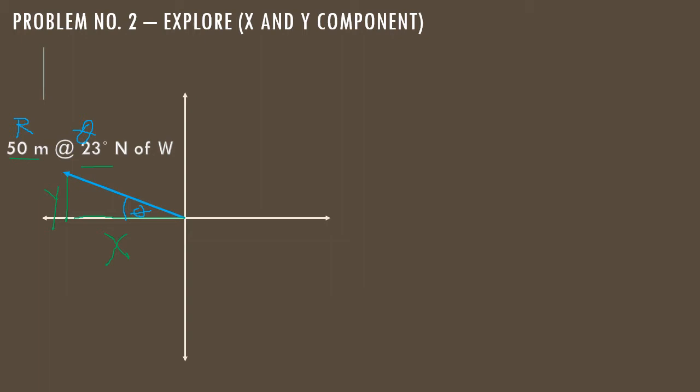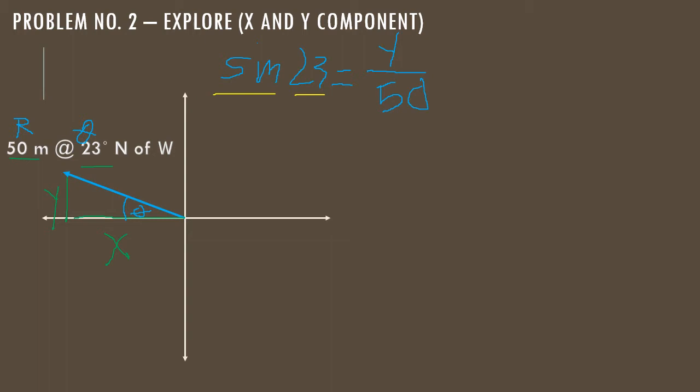So, what function are we going to use? Yes, sine function. So, sine 23, so 23 is the angle, is equal to opposite, which is the y component over the resultant, or 50.